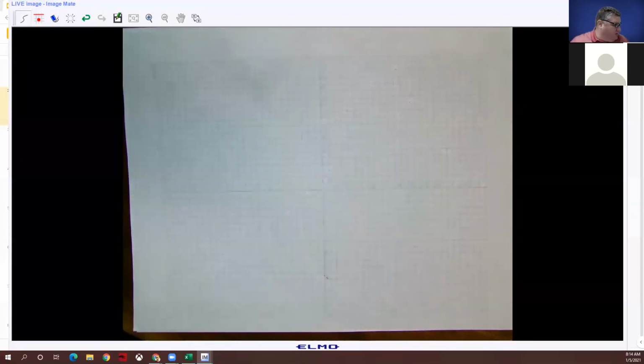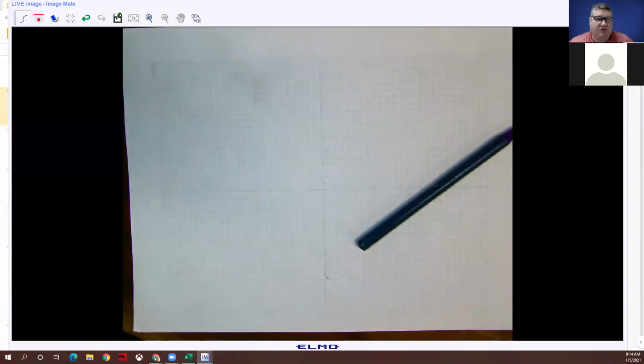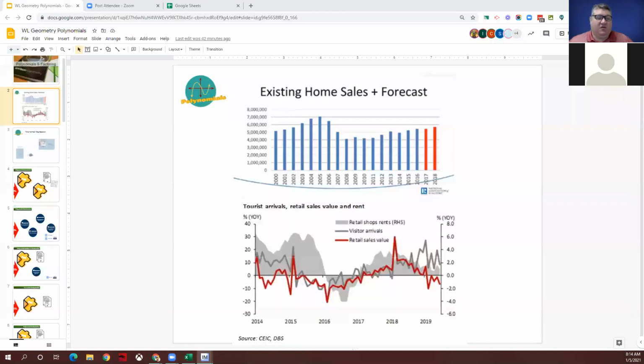Now, what we want to do is say, well, why do I need all those funky shapes of different graphs? Because we see all sorts of funky shapes of different graphs in real life. In this particular case, we're looking at existing home sales and forecasts. The blue would be home sales from 2000 to 2016.